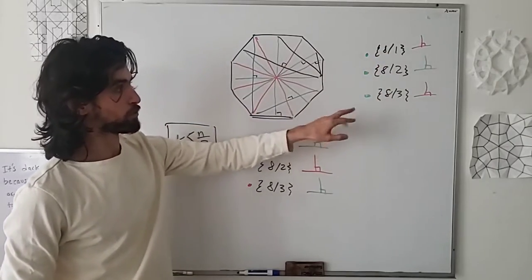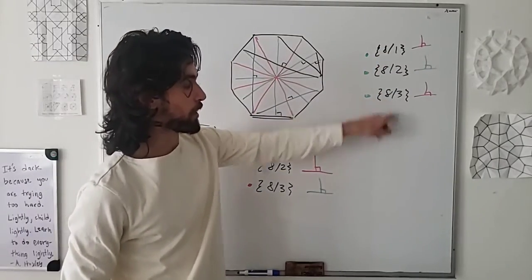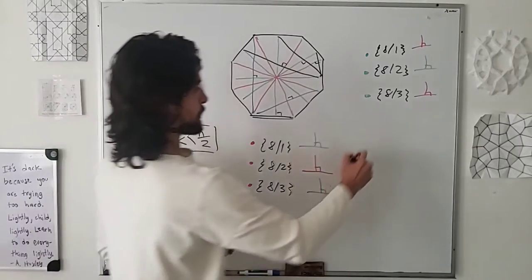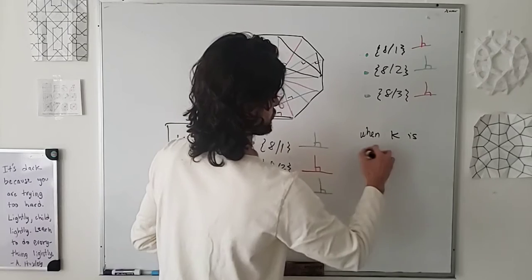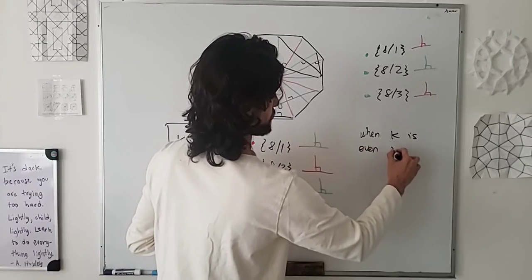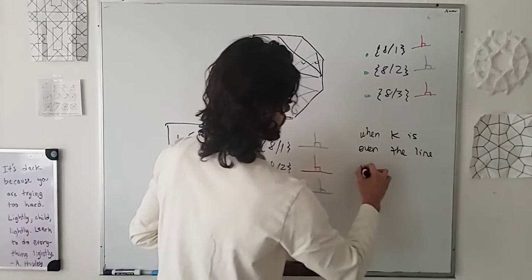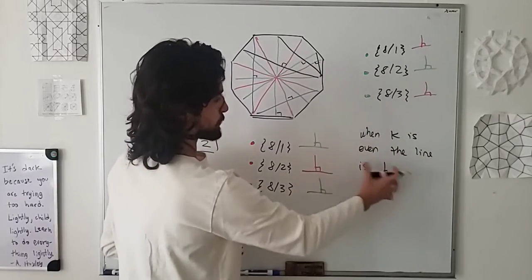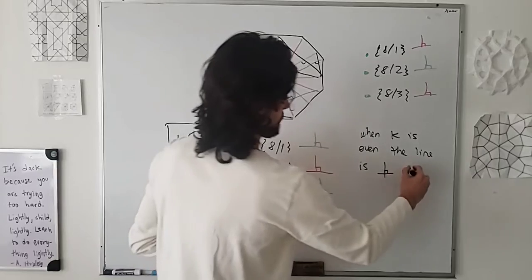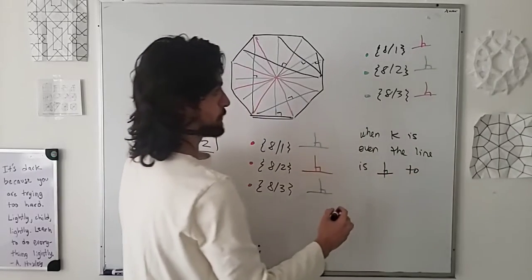So if you know that your k is odd, maybe I should write that here. When k is even, the line is, this is a perpendicular sign, the line is perpendicular to what?